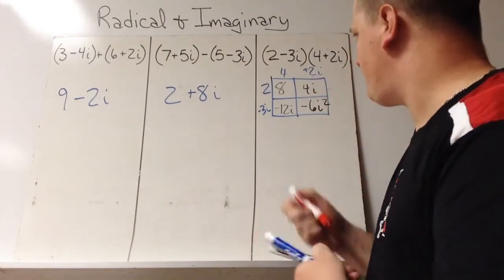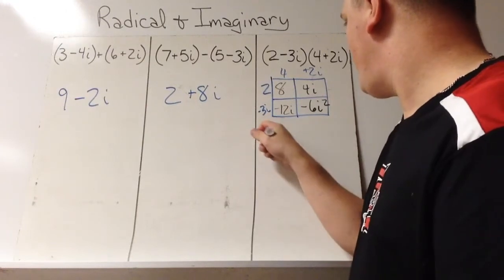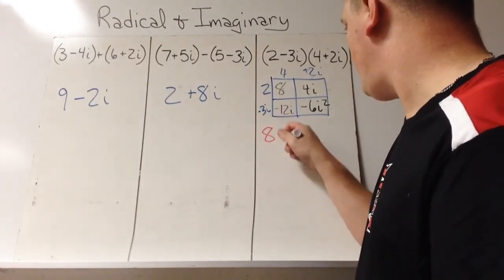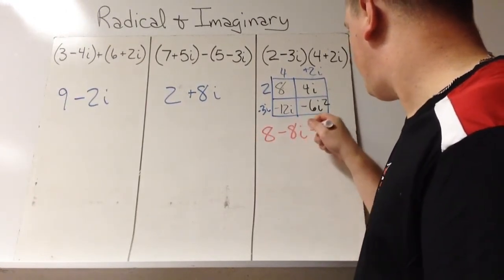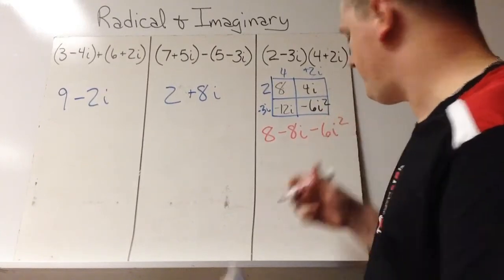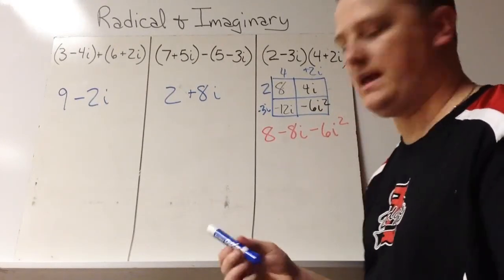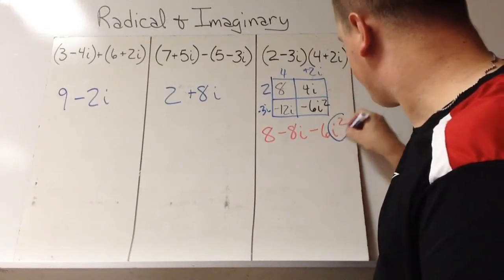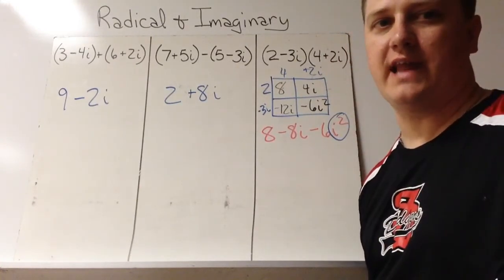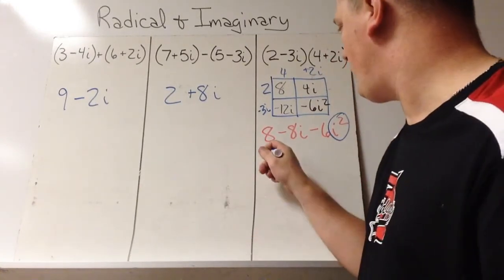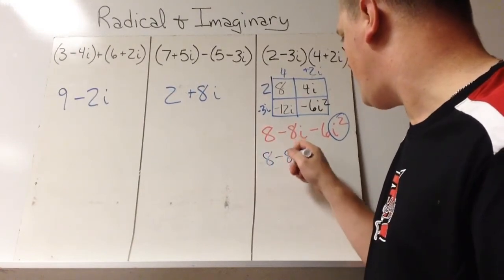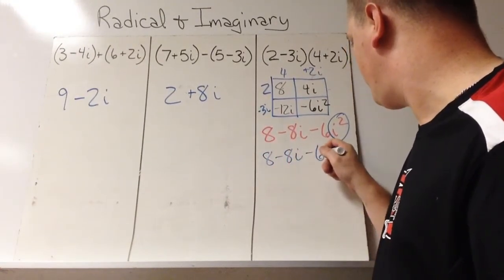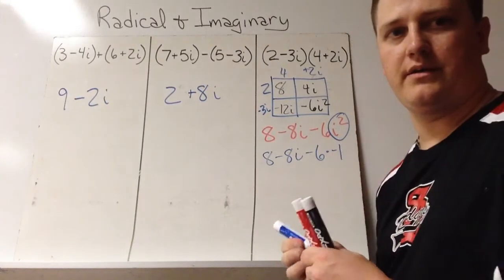Then we would rewrite it. 8 minus 8i minus 6i squared. Now, special thing is, i squared is the same as negative 1. So we can go 8 minus 8i minus 6 times negative 1.